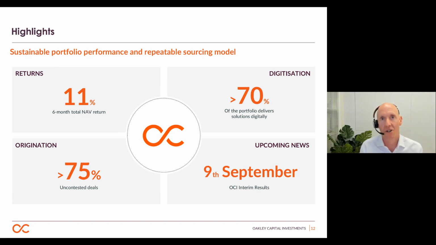So in answer to your question, you would expect to see partial or full realizations over the next year. I can't guarantee those. It may be that we refinance the businesses and bring cash out of the investment that way in the initial step.